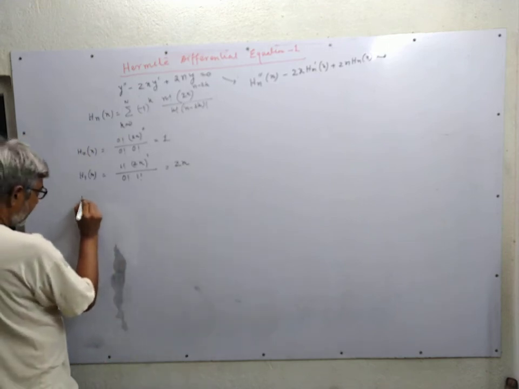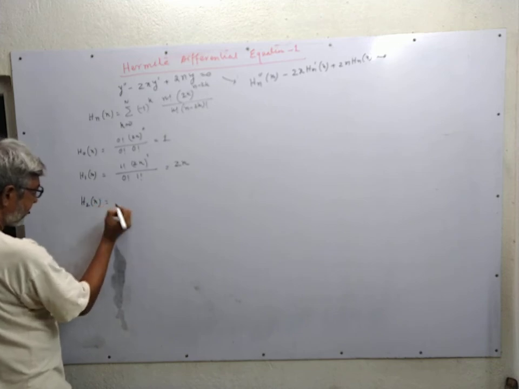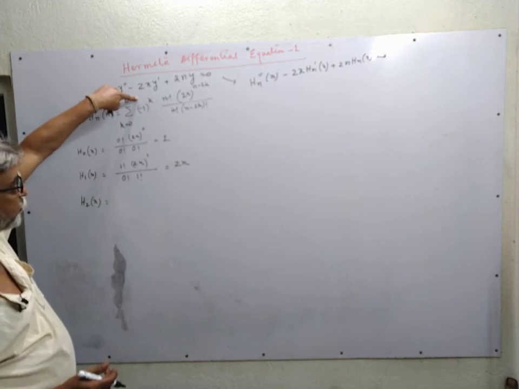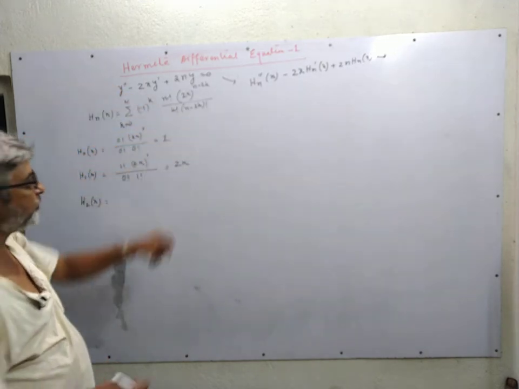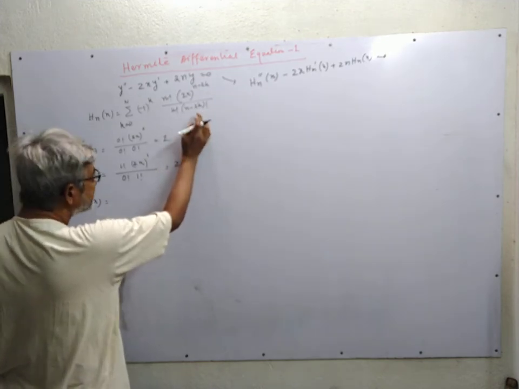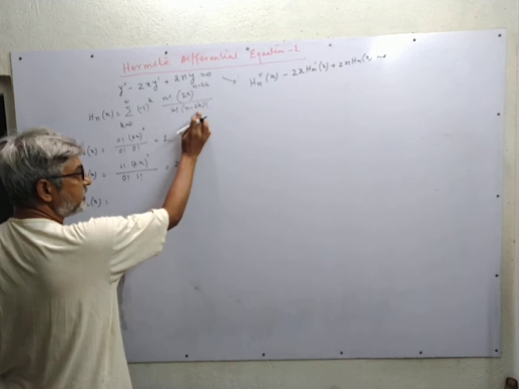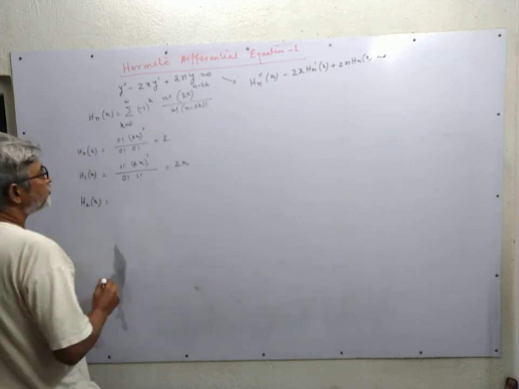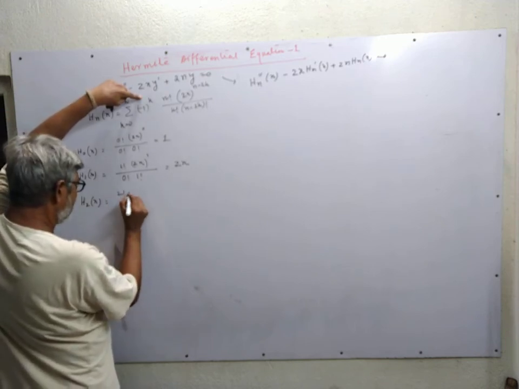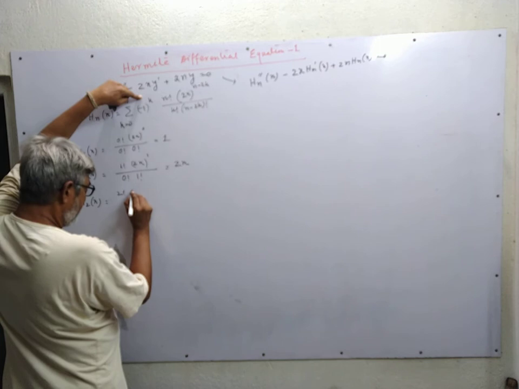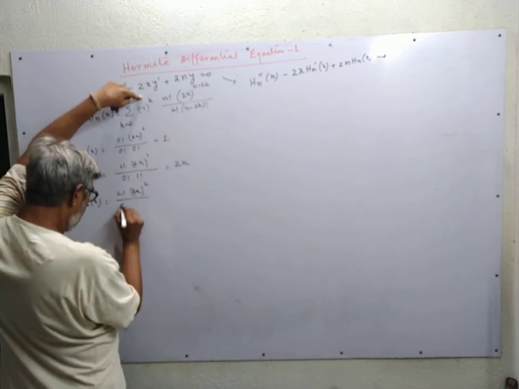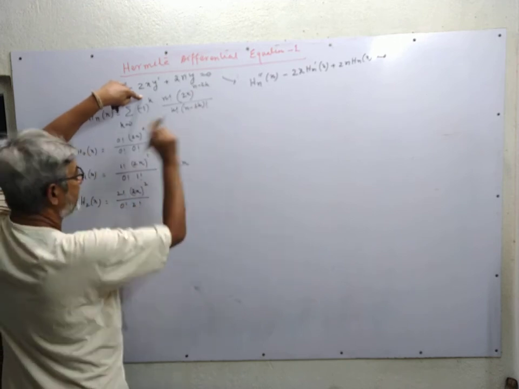Coming to H2, there will be two terms, one corresponding to k is equal to 0, the other for k is equal to 1. When k is equal to 2, this is negative, and still higher values of k will make this negative, and hence not allowed. So the first term, k is equal to 0, is 2 factorial, 2x to the power 2, over 0 factorial 2 factorial.